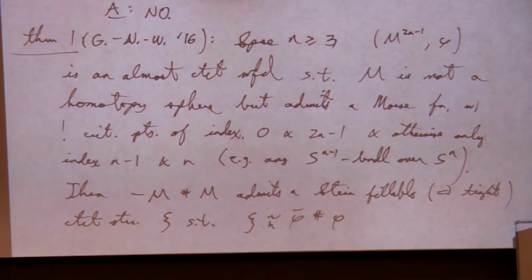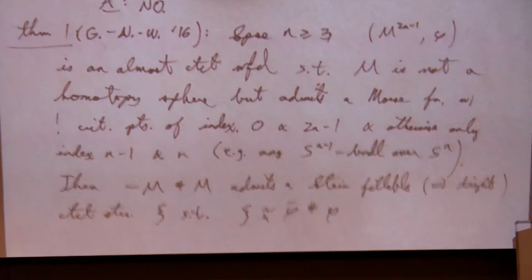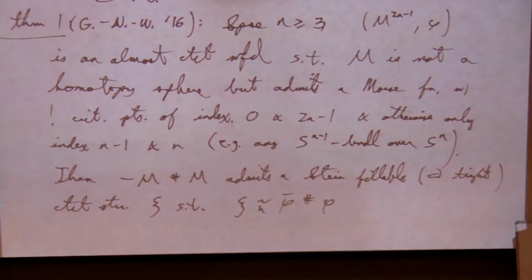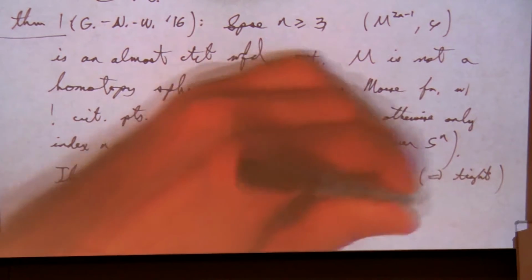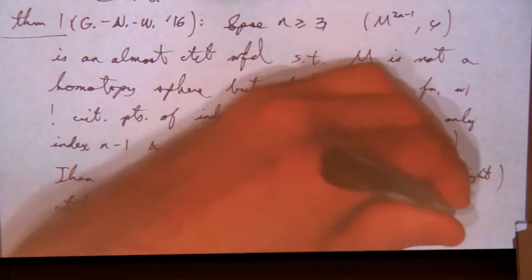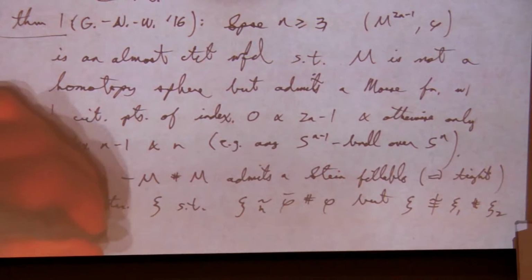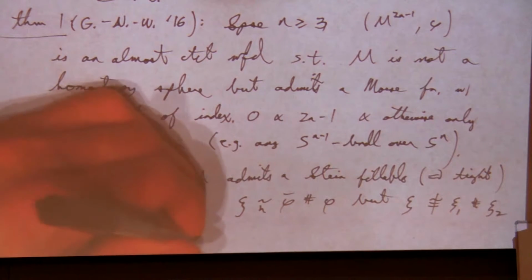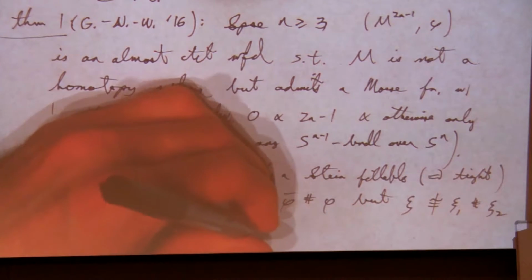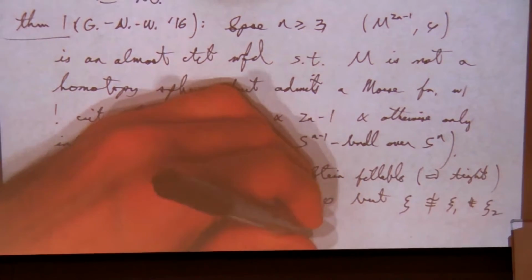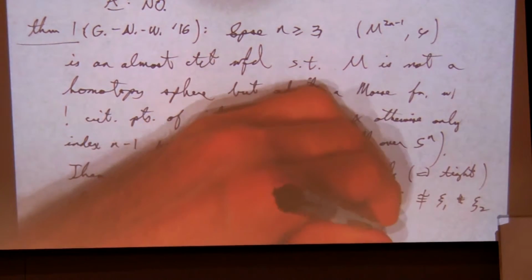Phi bar is just the same almost contact structure on the same manifold with the ambient orientation reversed. That's what my notation means, and you can take a connected sum of those. In that homotopy class you have a tight contact structure, but it is not obtained by a contact connected sum. So it is not isotopic to any psi1 connected sum psi2, with psi1 on minus M and psi2 on M.